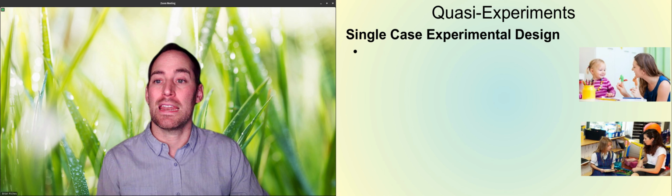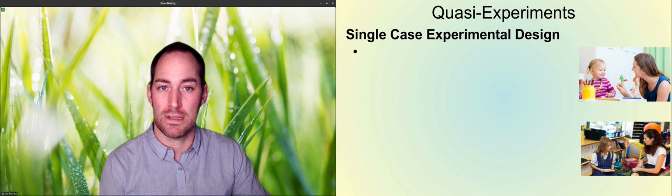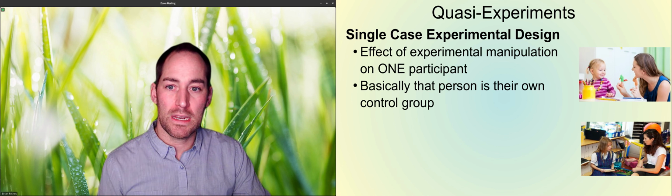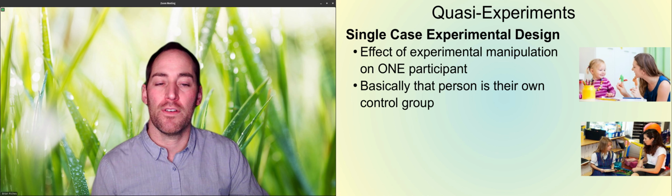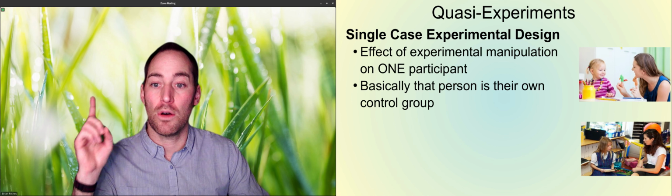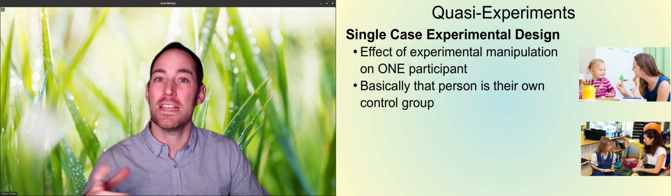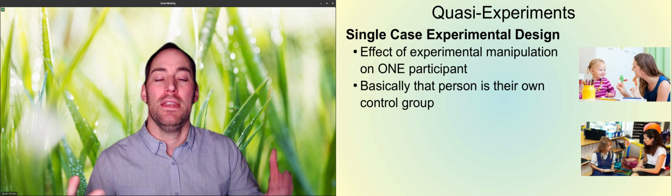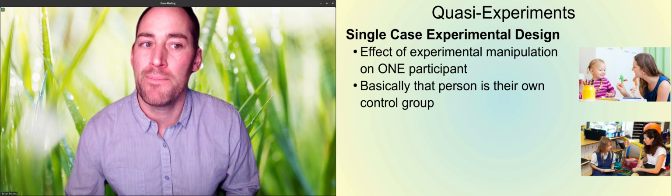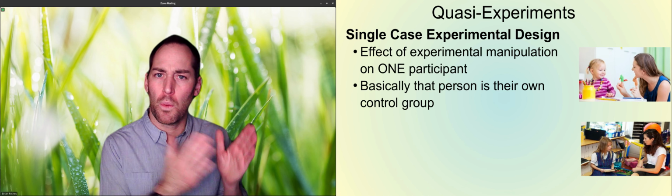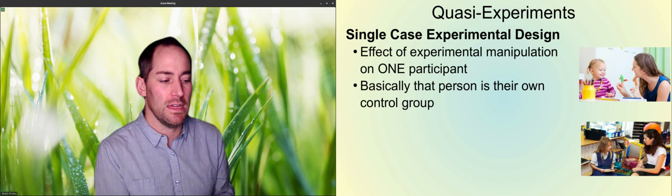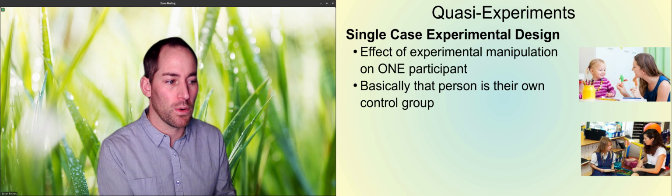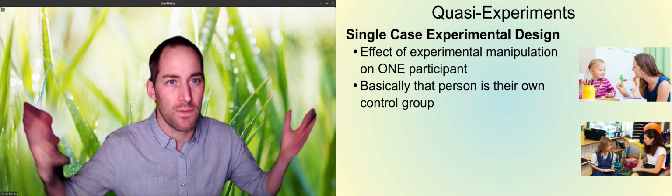So let's look at a single case experimental design. This would be an example when you have an effect of a manipulation on one single participant. Basically, that person is their own control group. Now, let's say we had a time machine. We could say, hey, what's going to work best for my child? Is getting them tutoring going to work best, or is letting them play more going to be best for their math scores?